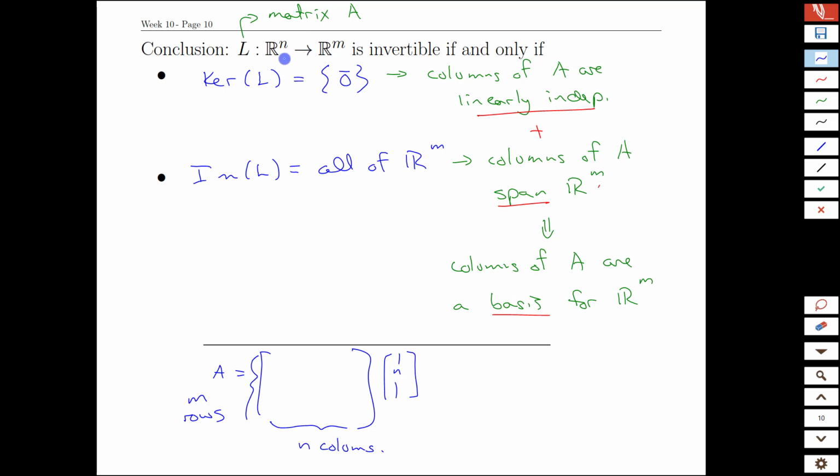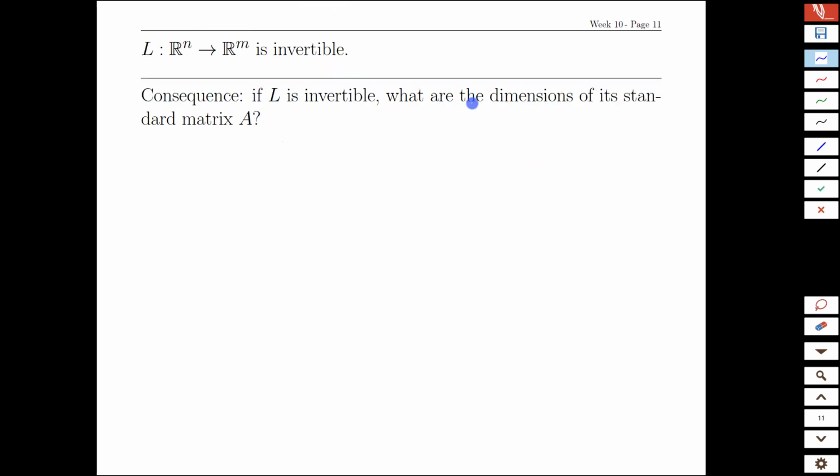This leads us to a fundamental insight into what kind of transformations can be invertible if they're linear. If our L is invertible, the only dimensions that are going to work for the standard matrix A is to have a square matrix. It has to be the same number of rows and columns. And let's dive into that in a second. Same number of rows and columns.